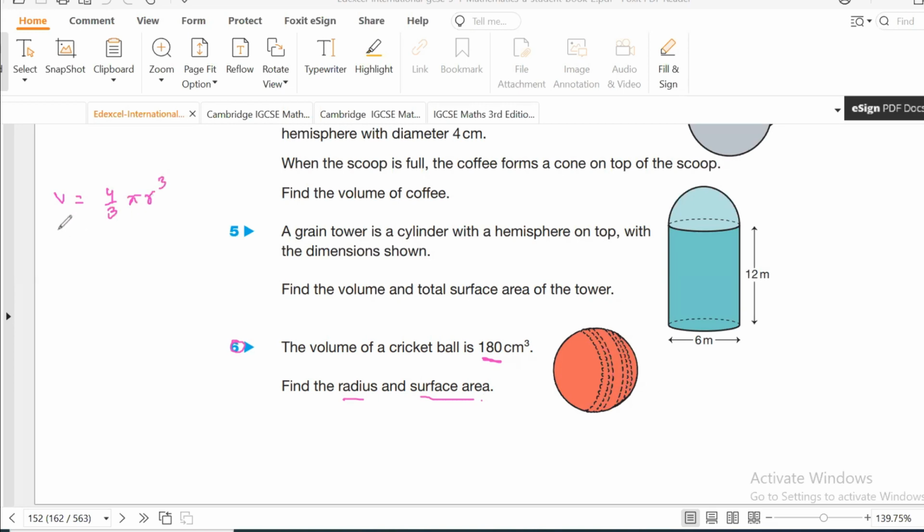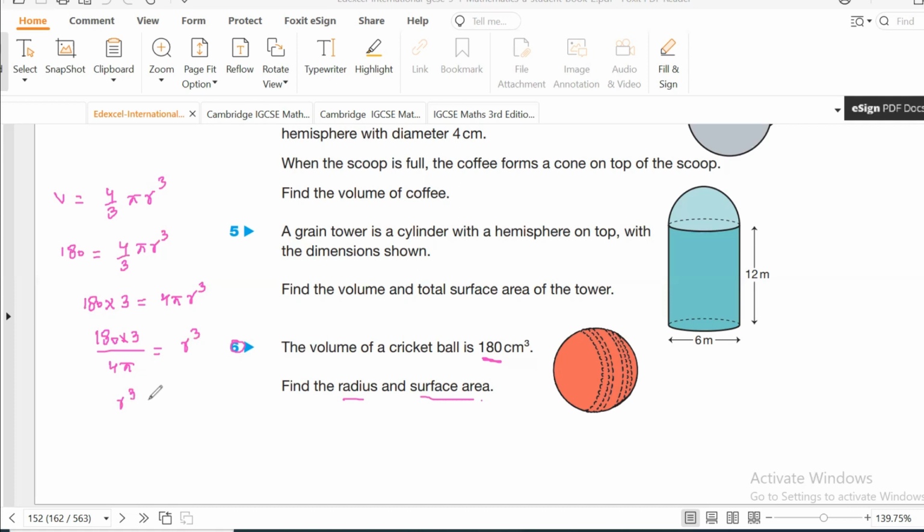The volume is given, so 180 is equal to 4 over 3 pi r cube, and we are looking for r. Remember that this 3 is in the divide position, so the next step you can write 180 multiplied by 3 equals 4 pi r cube. And 4 pi is multiplying with r cube, so it can be divided on the other side. That means 180 multiplied by 3 over 4 pi equals r cube.